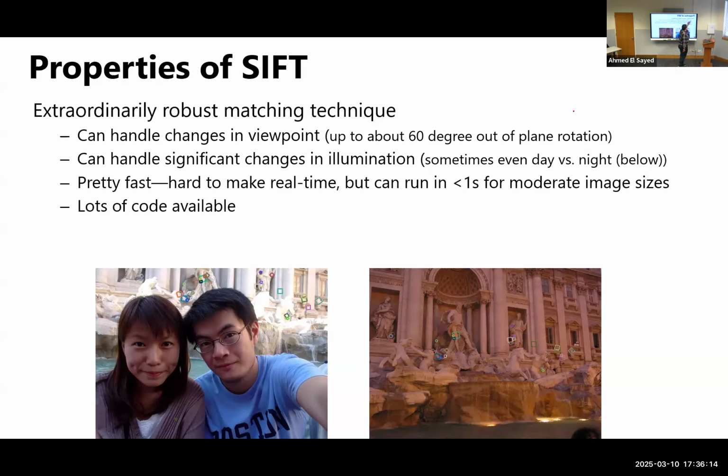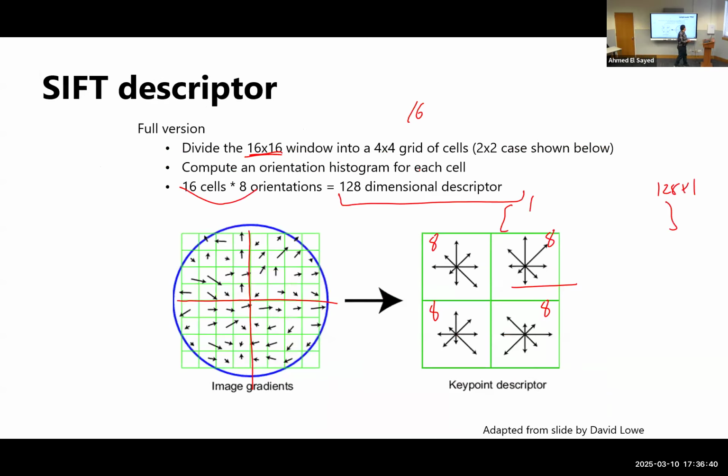With the SIFT technique, they found that it could handle change in the viewpoint up to 60 degrees of out of plane rotation, meaning 60 degrees in this direction or this direction out of a plane. It can handle significant change in illumination, which makes sense. Why? Are we measuring any pixel value here?